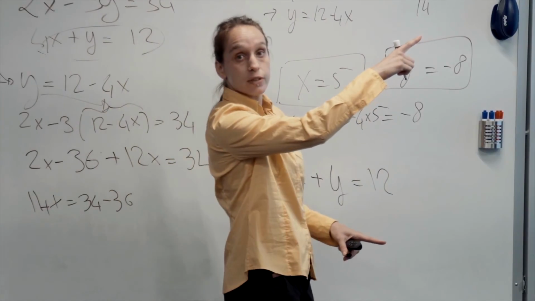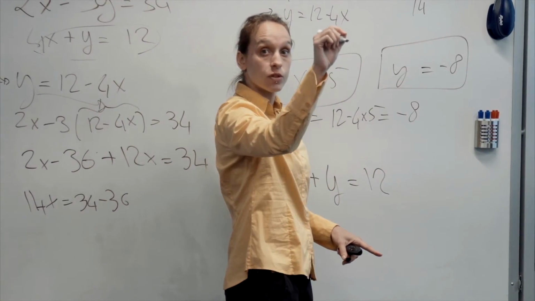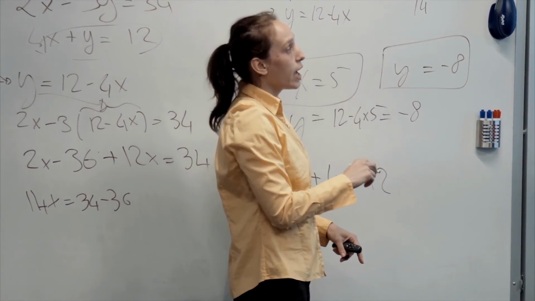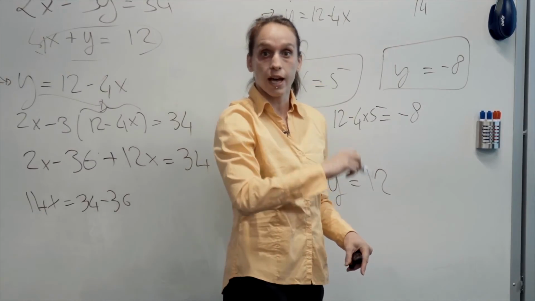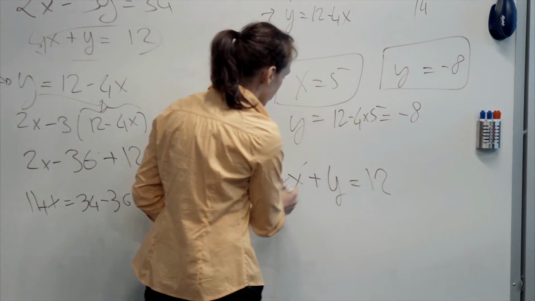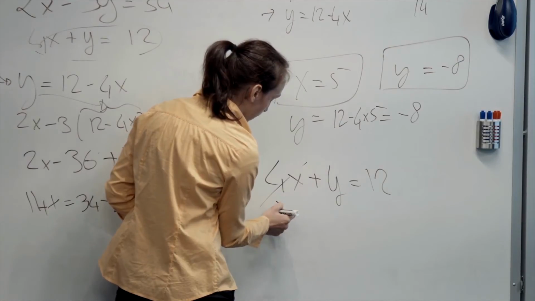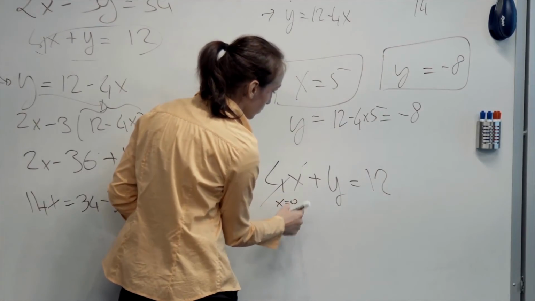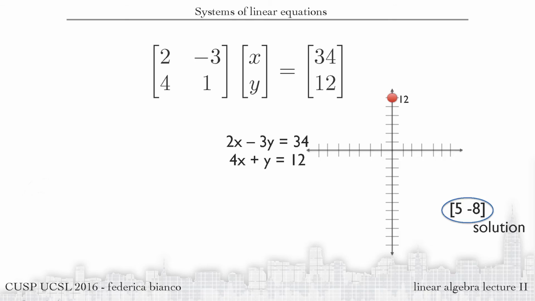Because this is an equation of a line, it describes an infinite number of points in my parameter space. And for one of those points, x will be 0. So we drop this factor here because x is equal to 0. What I'm left with is y equal to 12.